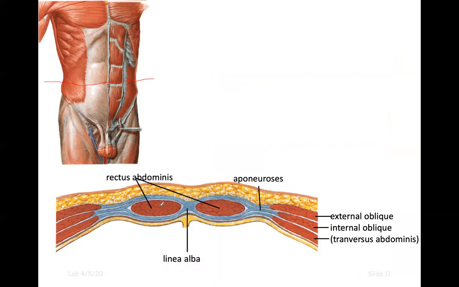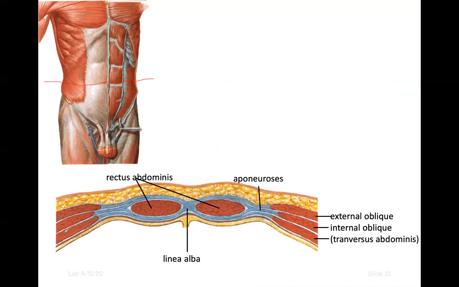And then here's 1, 2 of the rectus abdominis on the left and the right side, with its parallel to the midline fascicle arrangement. Here's the linea alba traveling down the middle. And then on either side, layered are the external abdominal obliques, those anterolateral fascicle arrangement. Deep to that is the internal abdominal oblique with that anteromedial fascicle arrangement.